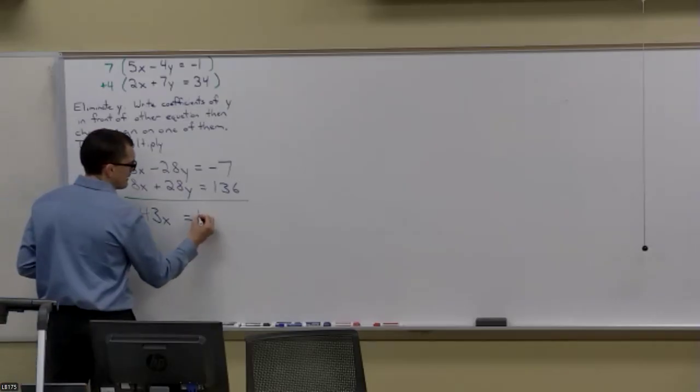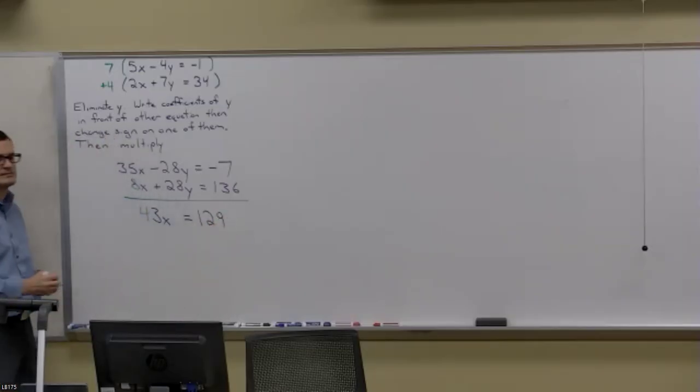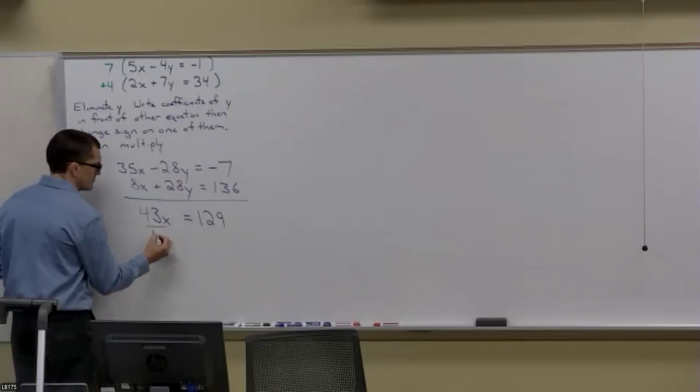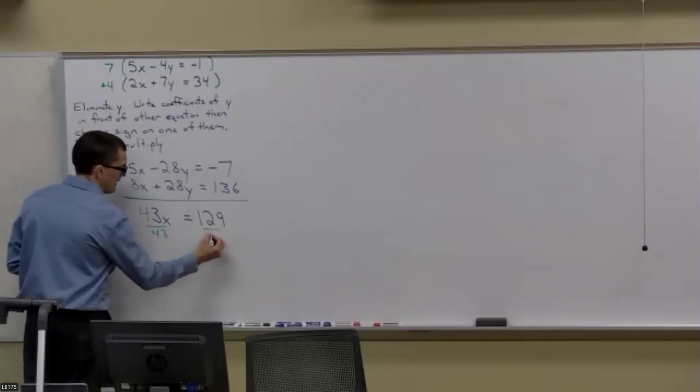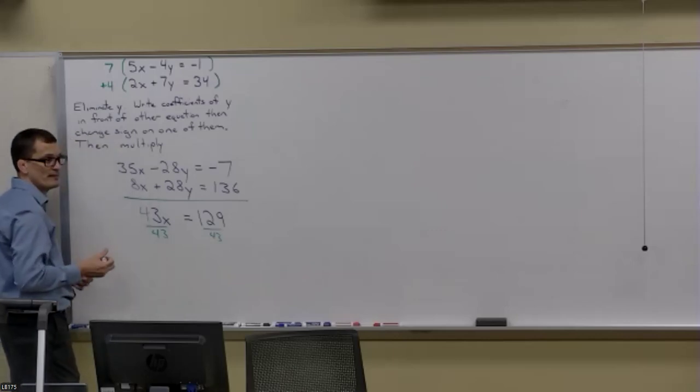And then that's equal to 129. So now there's only one equation with one variable remaining. That variable in this case is x, so we solve for x. Pretty straightforward, solving for x. We got to divide both sides by 43. When you do that, you get x equals 3.